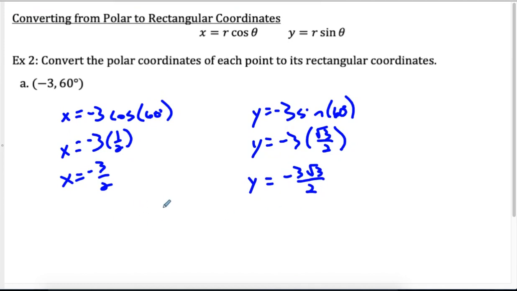And putting that together as one coordinate, I would have (-3/2, -3 square root of 3 over 2). So this point converted to rectangular coordinates, in other words, an x-coordinate and a y-coordinate, would look like this. Okay? Let's try another example here.